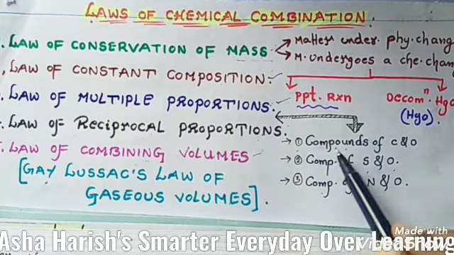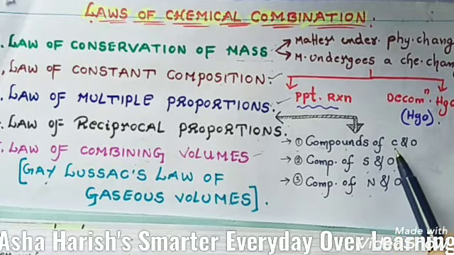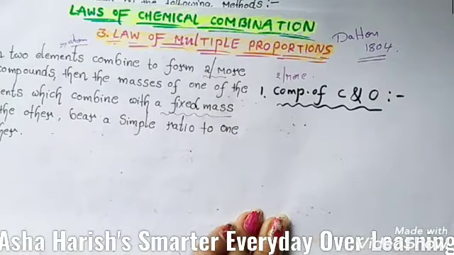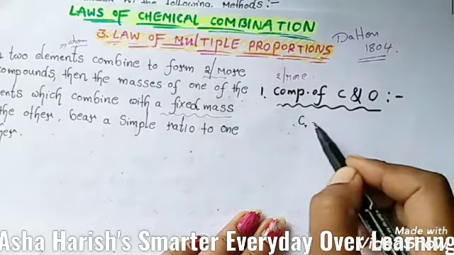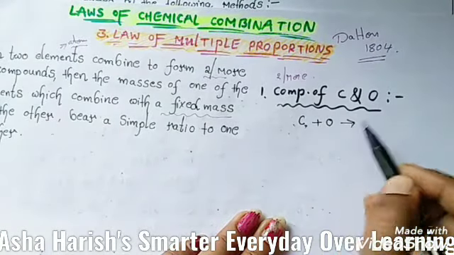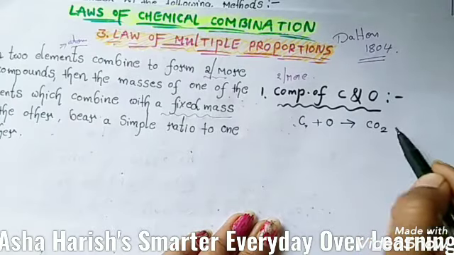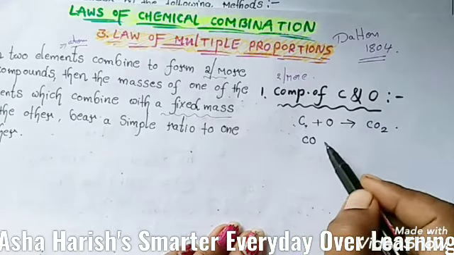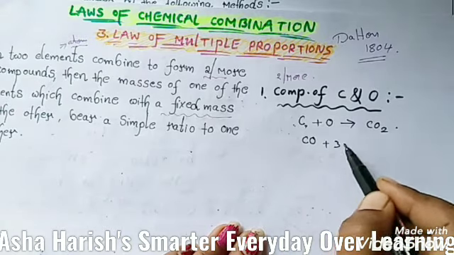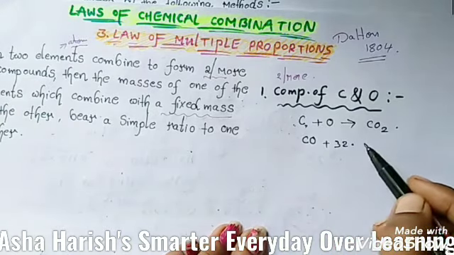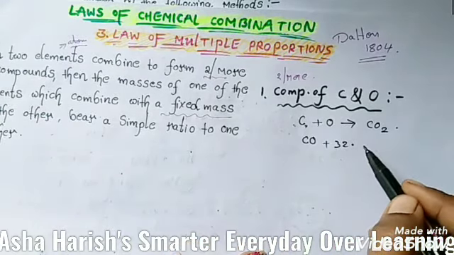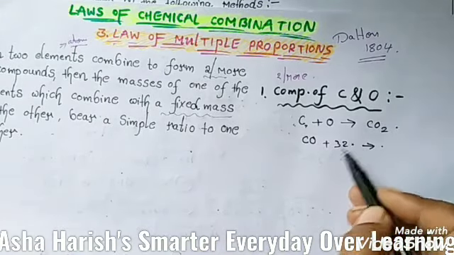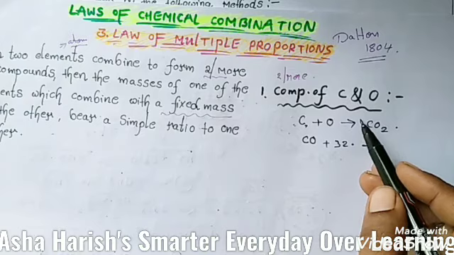In the first one, the element carbon combines with oxygen to produce carbon dioxide and carbon monoxide, CO. In carbon dioxide, 12 parts by mass of carbon combine with 32 parts by mass of oxygen, while in carbon monoxide 12 parts by mass of carbon combine with 16 parts by mass of oxygen.